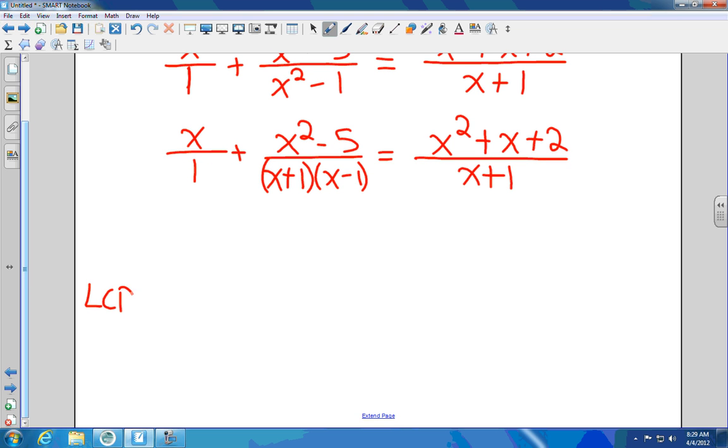So the LCD, what's one thing that has to go in your denominator? X plus 1, that's the first one you see there. And which one does that represent? Both of them. So that takes care of this one and that one. What's left? X minus 1. Anything else left? So that's the common denominator that you're going to multiply by.